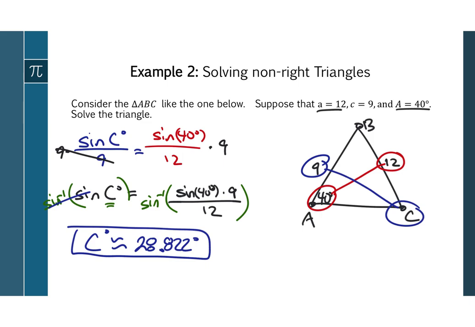But what we're going to do is find our last angle. So we know that C is this 28.822. Now we can find B very easily by just doing the idea of 180.